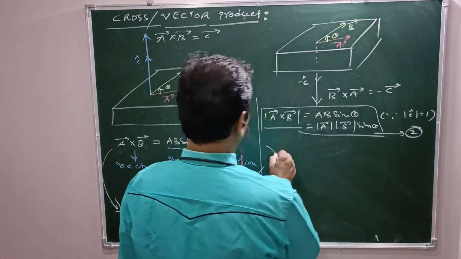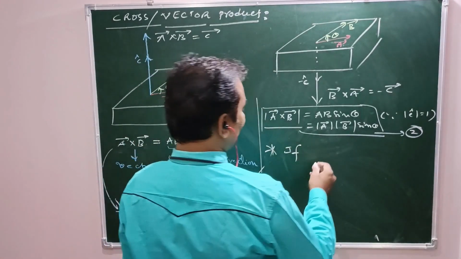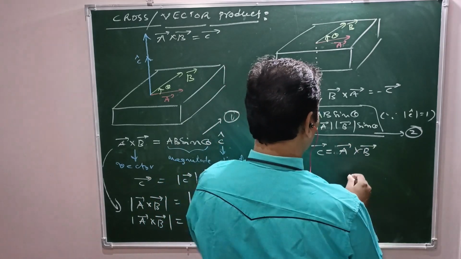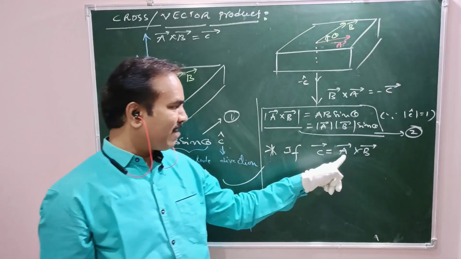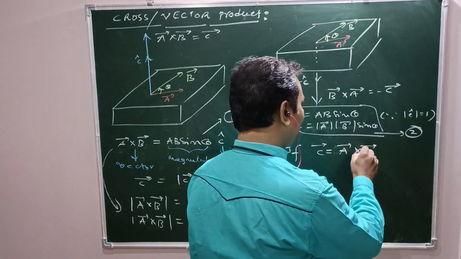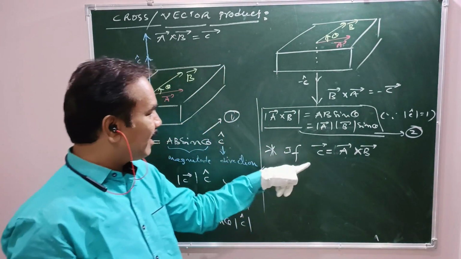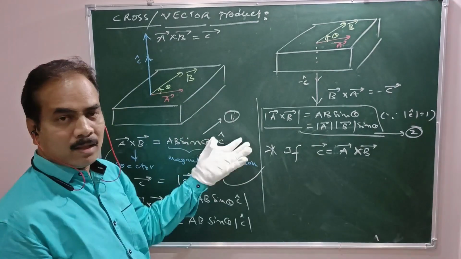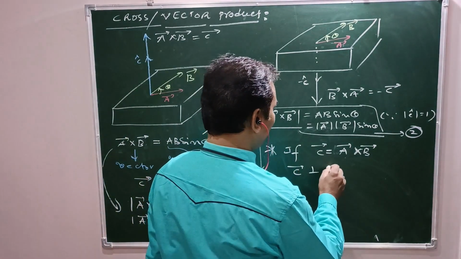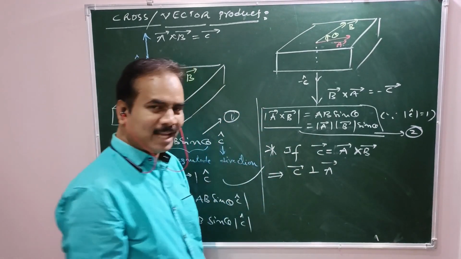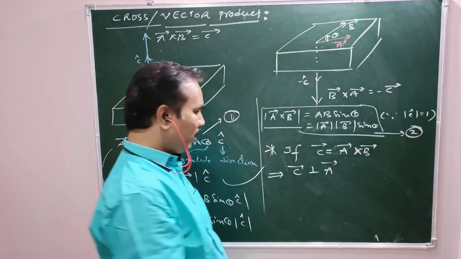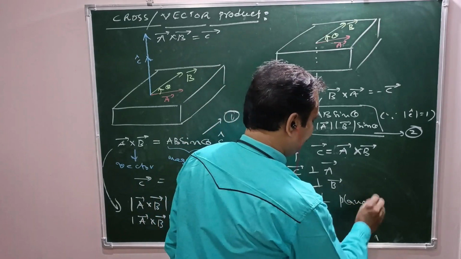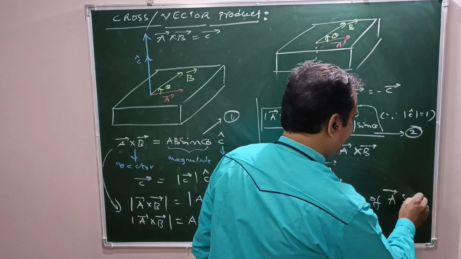One more point. If C bar is the result of A bar cross B bar, that is, the cross product of A bar and B bar gives a new vector C bar, then definitely C bar must be perpendicular to A bar, perpendicular to B bar, and perpendicular to the plane of A bar and B bar.